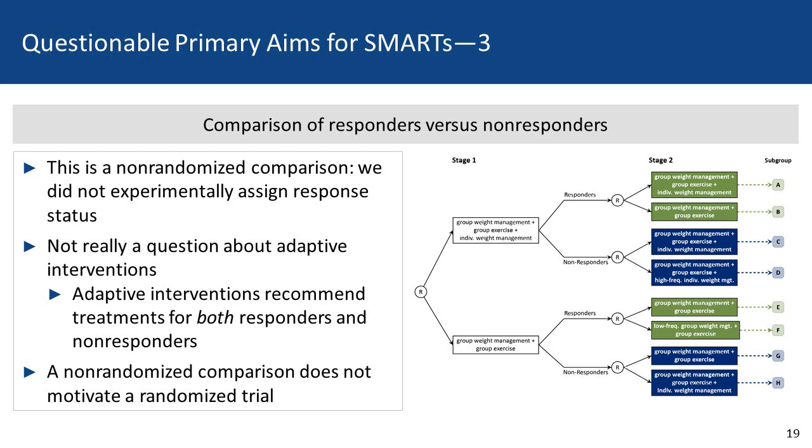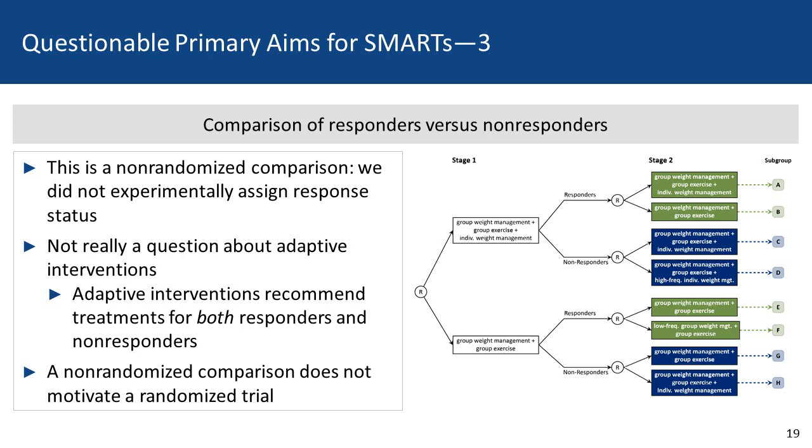Another questionable primary aim for a SMART might be the comparison of responders versus non-responders. So you might want to say, well, how do responders to first stage treatment do relative to the non-responders? And maybe that's interesting. This is not a great primary aim for a SMART because it's not a randomized comparison. We did not and likely could not experimentally assign response status a priori.